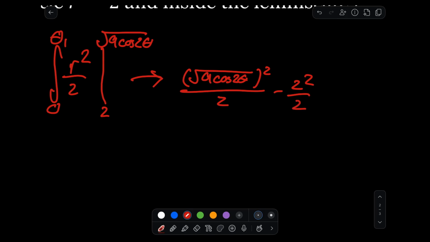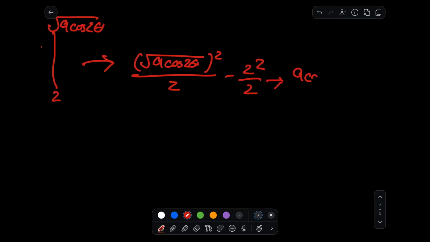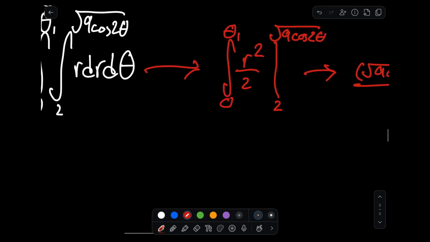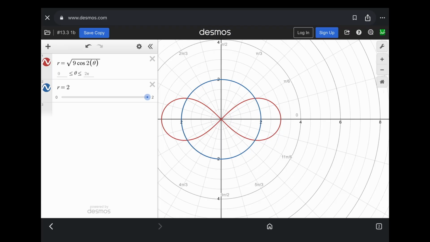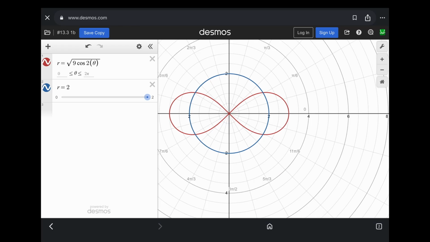And then we would get our resultant equation, which is just going to be 9 cosine 2 theta over 2 minus 2. One other thing we're going to mention is that we're going to actually have to double it because it's on both sides. We're looking at not only one side, but both sides. So we have to consider that as well, and multiply this by 2.